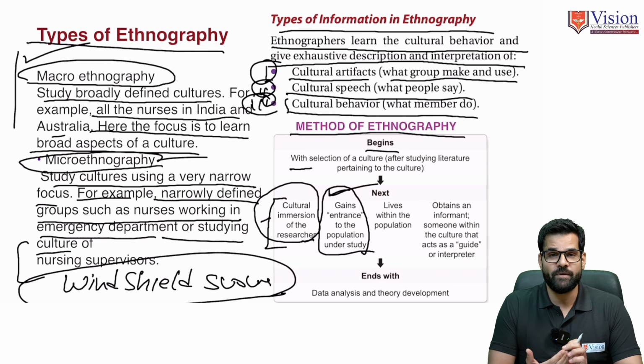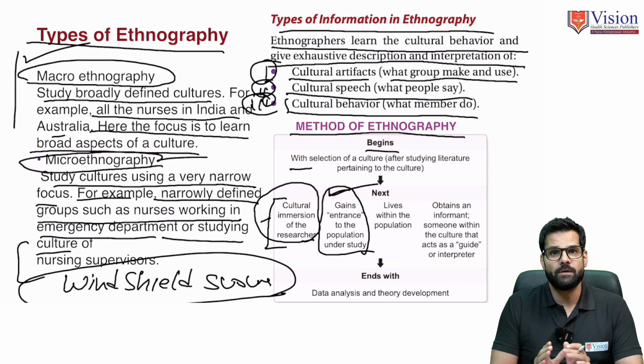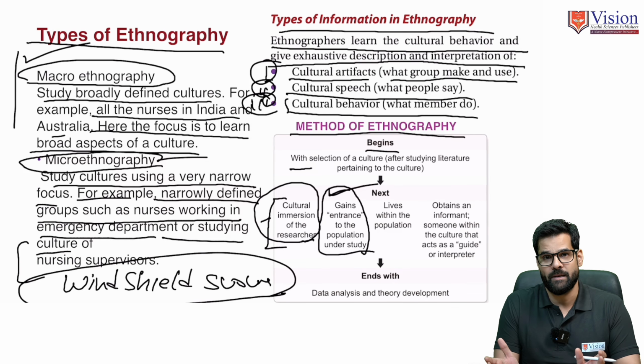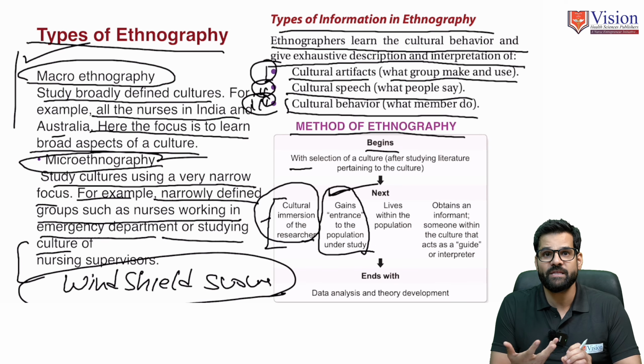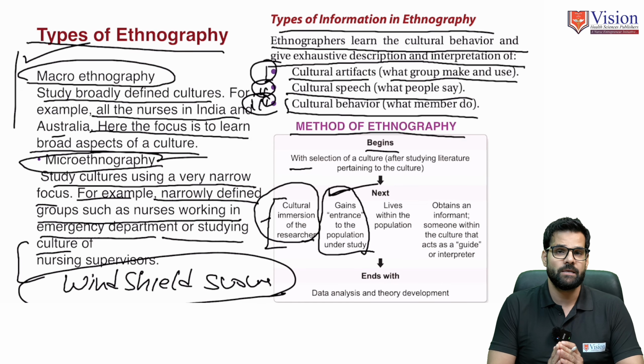Ethnography is a kind of study where you study someone's culture, which means you want to be close to their people. And we know that people don't want to share their culture, or everything about their culture, with a stranger. So your entry into that society, into that culture, becomes very important.